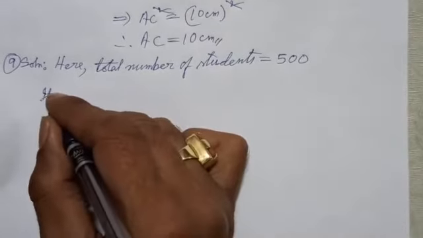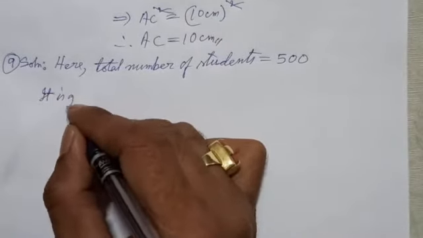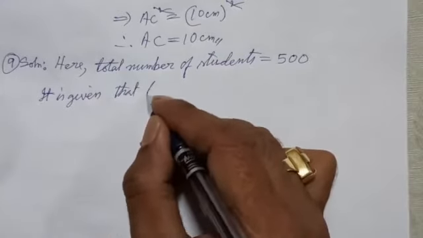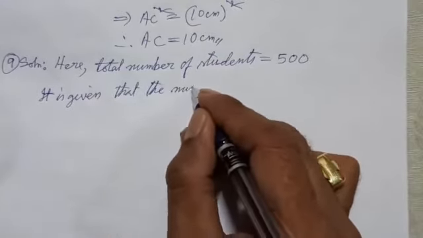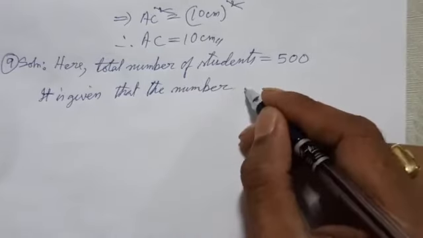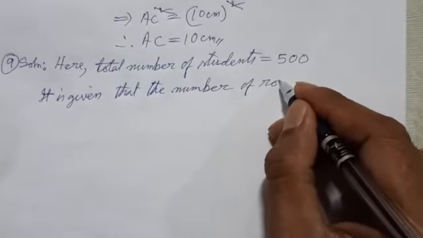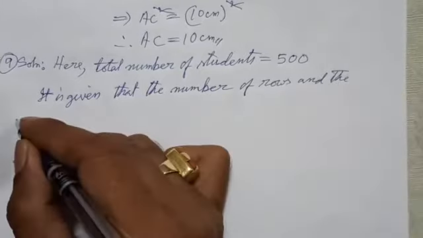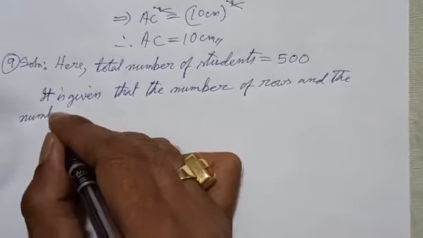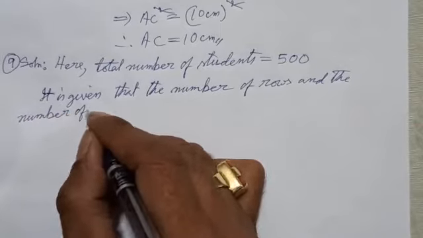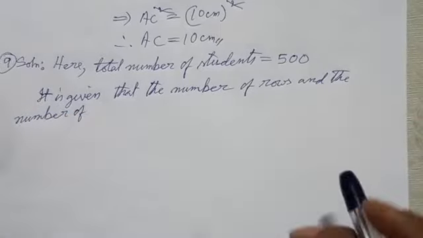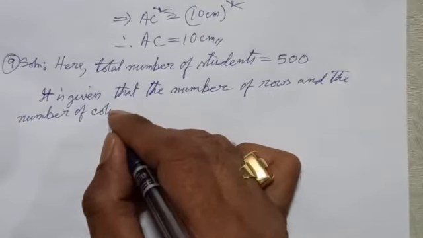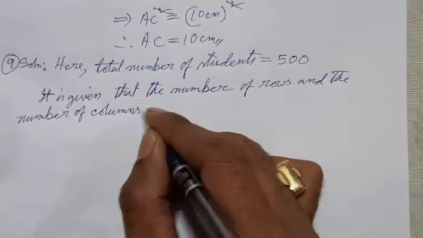It is given that the number of rows and the number of columns are equal.